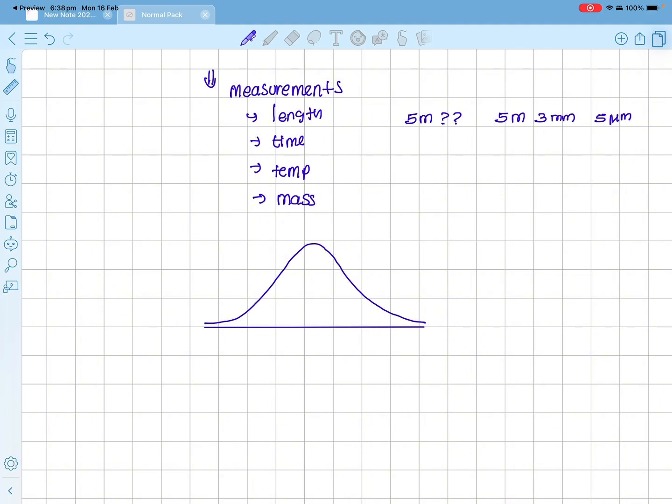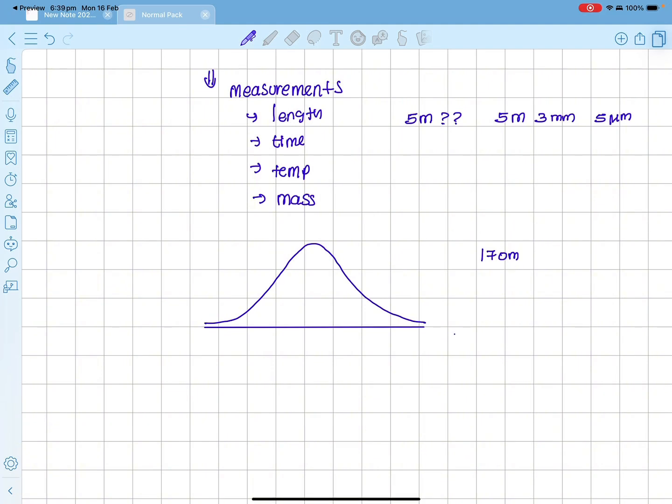Because I know they take a range of values, if I measure one person's height and it was 170, we know it's not going to be exactly 170. He could have been 170.5, 170.25, or 170.45. He can be anything within this range. So therefore, we can distribute using this curve.